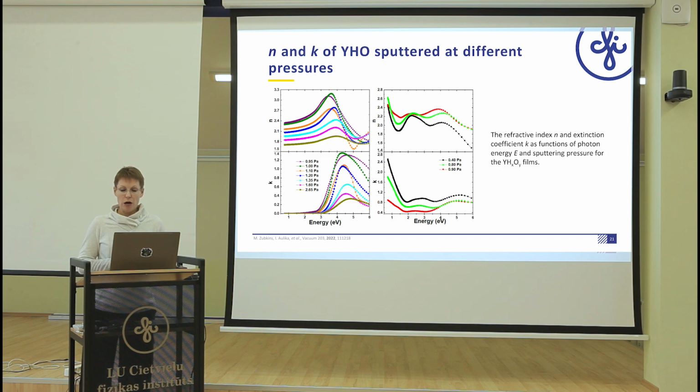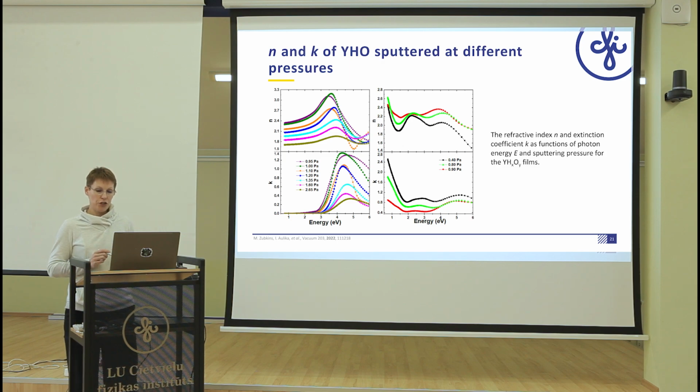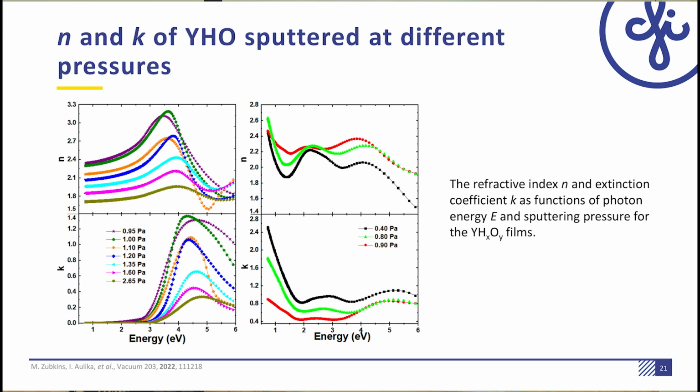These plots show how the refractive index and extinction coefficient vary with sputtering pressure. At low pressures, we observe optical signatures of metallic yttrium. These refractive index and extinction coefficient curves are typical for metallic materials due to the fact that we have an extremely high extinction coefficient in the infrared range.